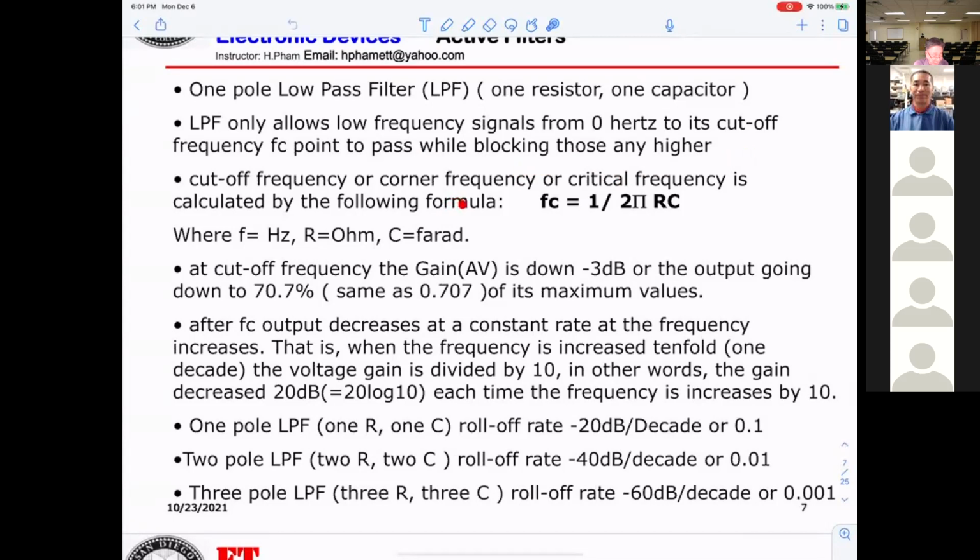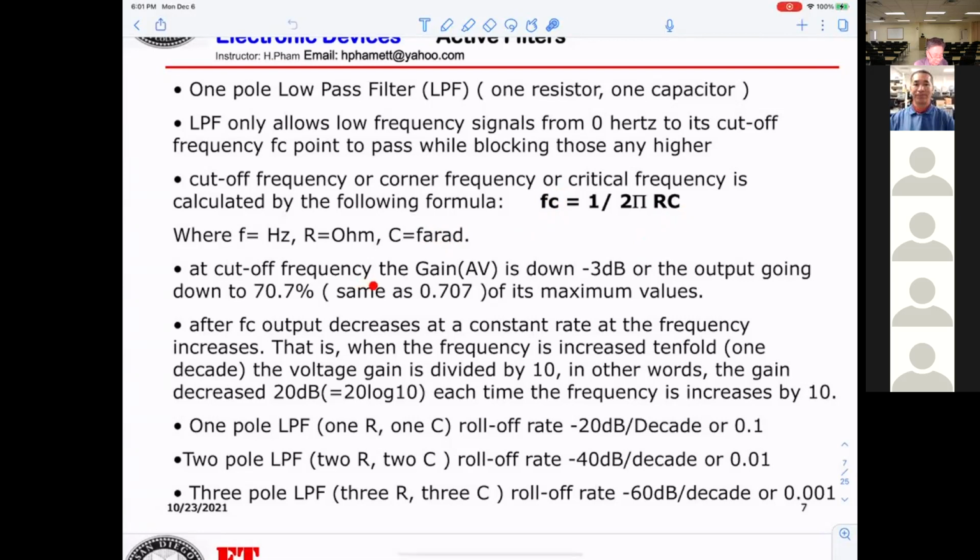Cutoff frequency, or corner frequency, or critical frequency, or break frequency, is calculated by the formula FC equals 1 over 2 pi times RC. In this formula, FC is in Hertz, R is in ohms, and C is in farads, and you know what pi equals, right? 3.142.